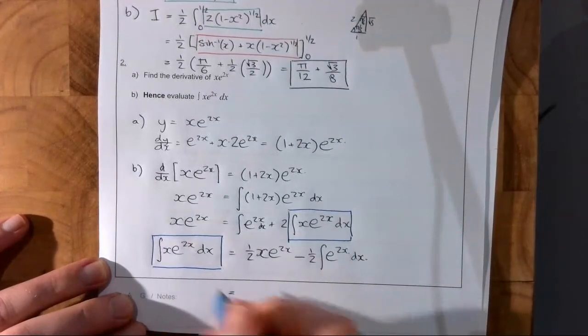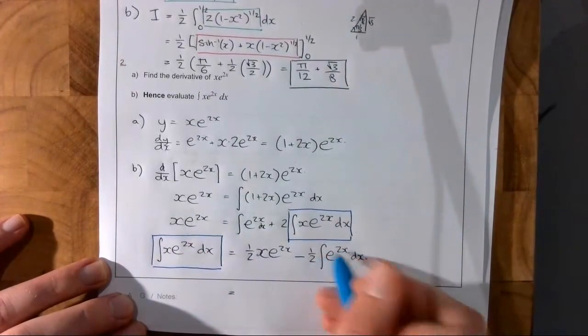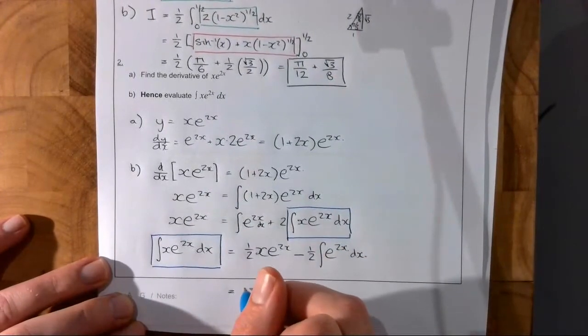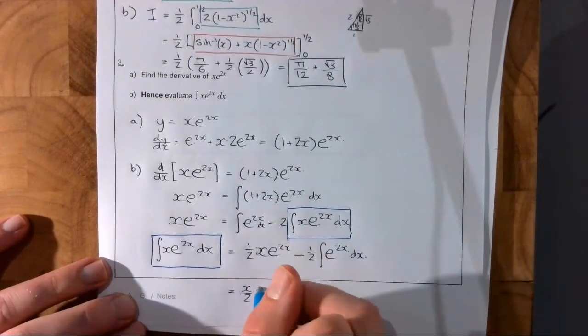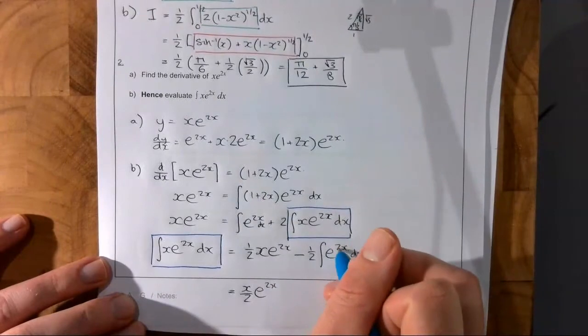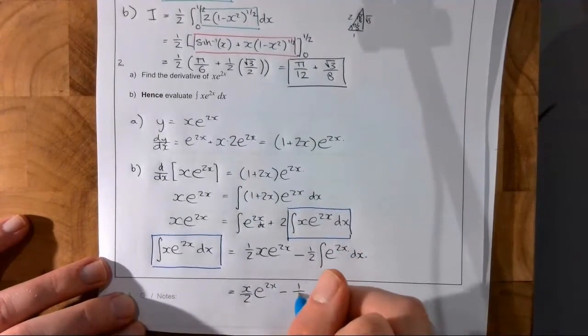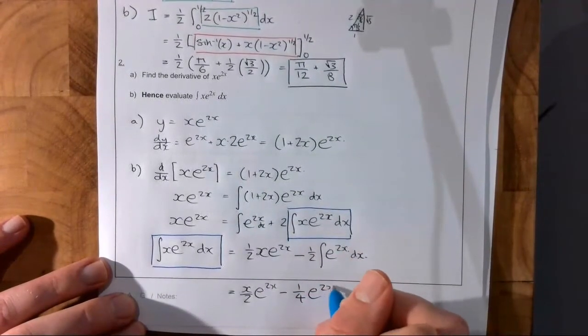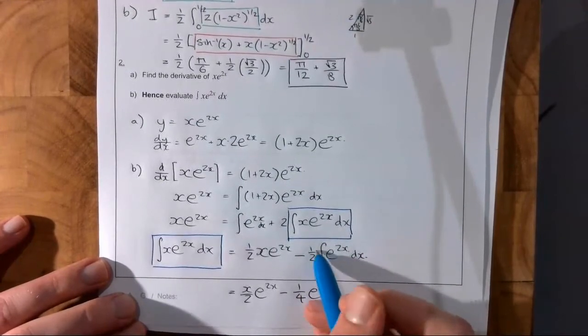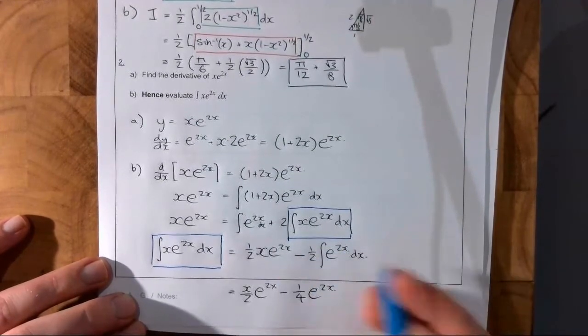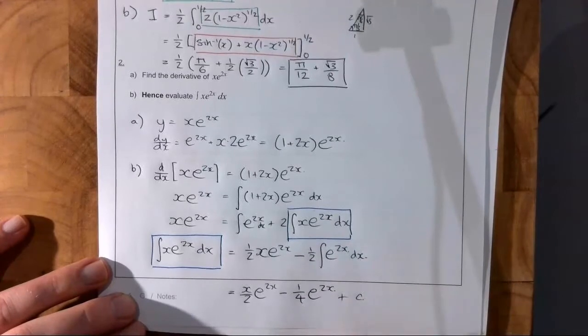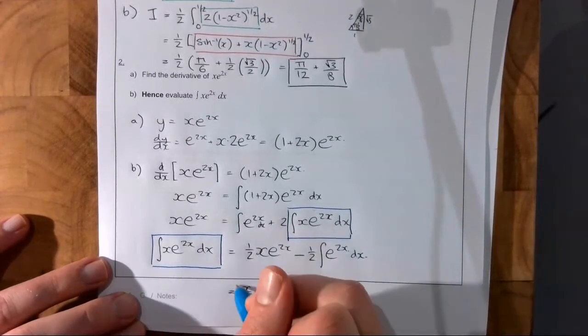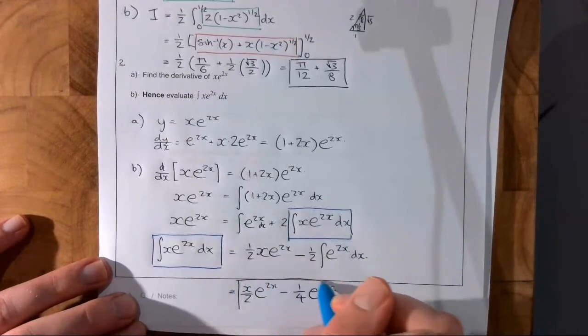And then if I actually integrate this, which is a relatively easy thing to do, it's going to be minus a quarter e to the power 2x, because we need a half to cancel with the 2, and then plus c. And obviously I can factorize this out a little bit, but this will do for me.